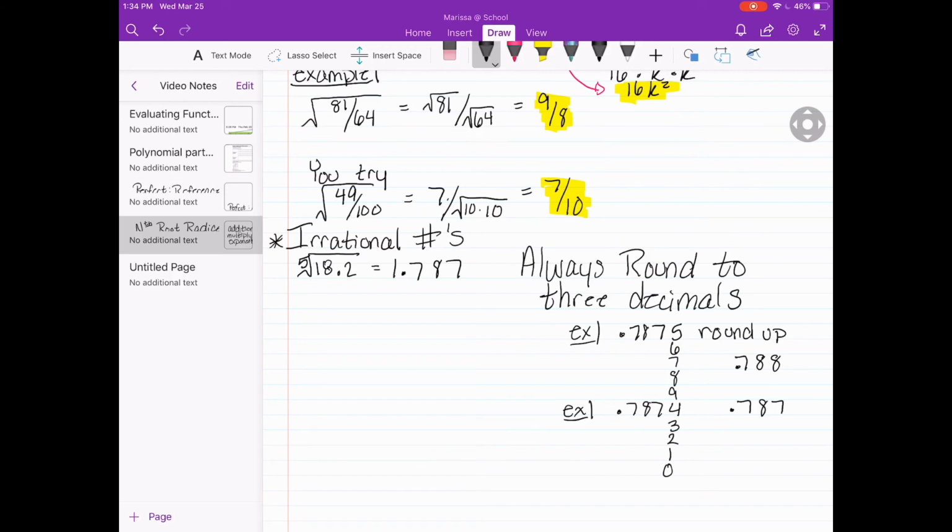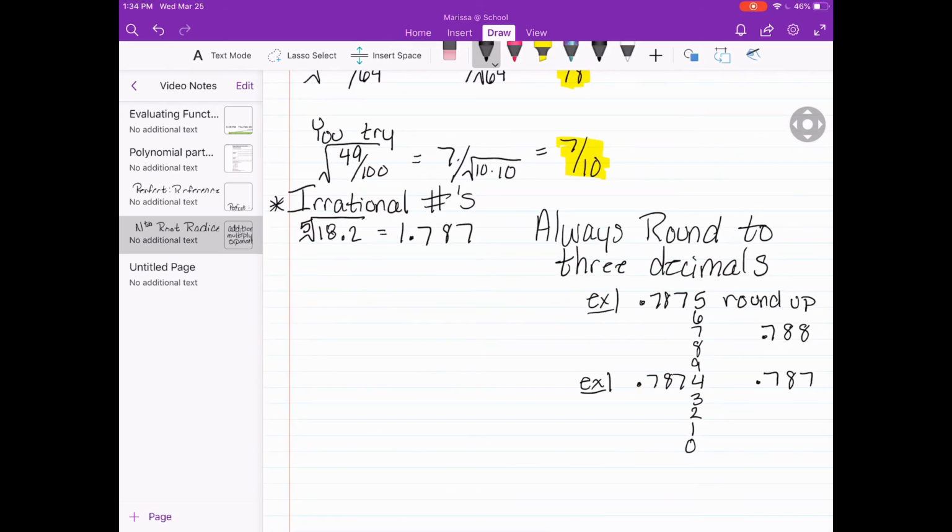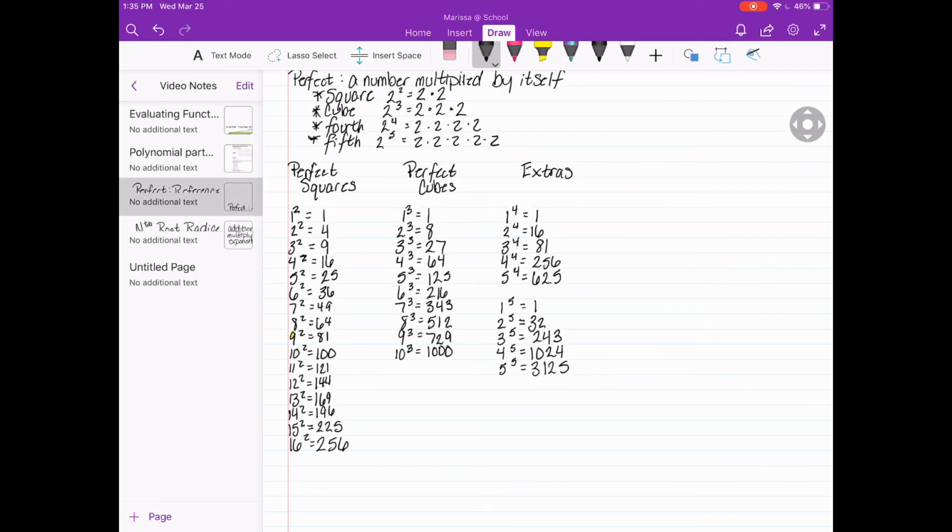The same thing would happen if I give you the example of negative square root of 62. If I go and look at my list, I don't ever have a 62.